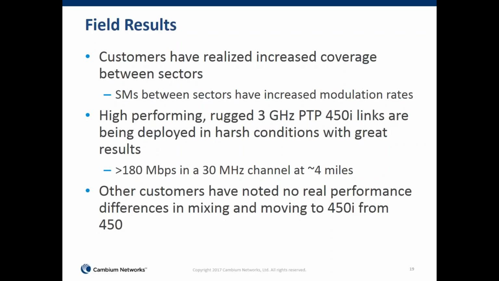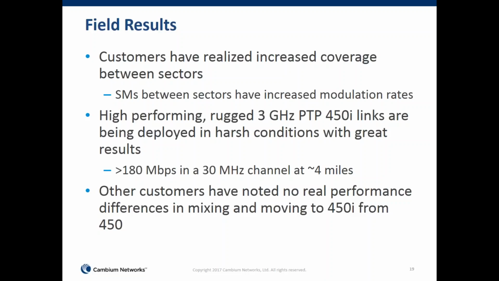The one thing I didn't point out yet that I'd like to is that these 3 gig devices are also available in PTP mode. So you can purchase the rugged SMs as PTP modules, and those are a high-performing PTP link that's less expensive than many other PTP links available.